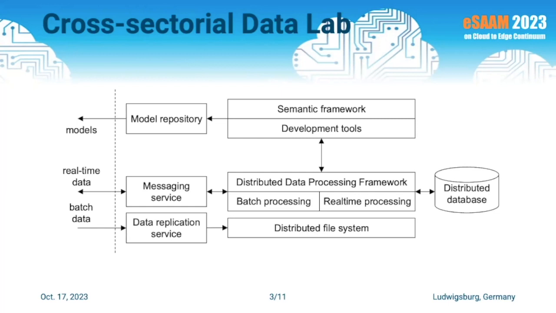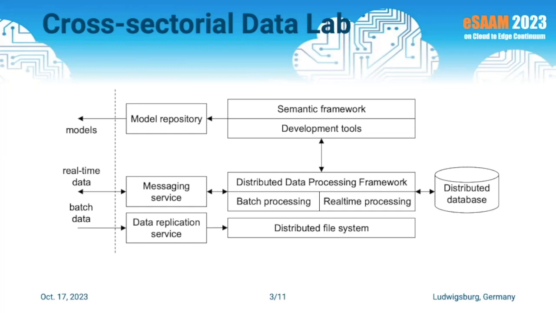Then of course we have a data lake storage which is based on a distributed file system. If this is not enough for the data scientist, then the data can be lifted to a distributed database of different kinds. You can use an SQL-like interface, for example, for reporting and aggregation of data, or you can use a time series database to extract more complex patterns.